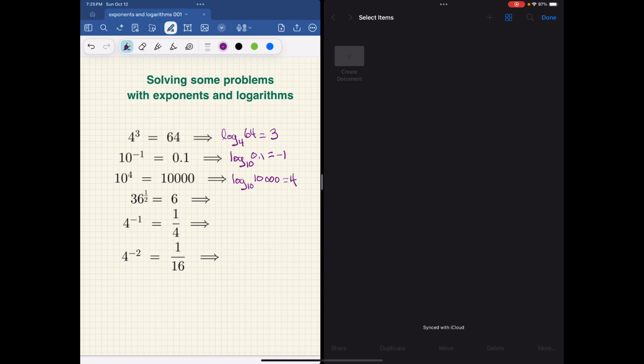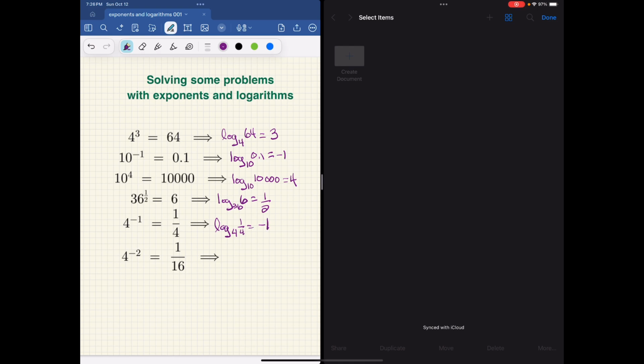36 to the 1/2 power equals 6 is the same thing as saying that log base 36 of 6 equals 1/2. 4 to the minus 1 power equals 1/4 is the same thing as saying log base 4 of 1/4 equals -1.